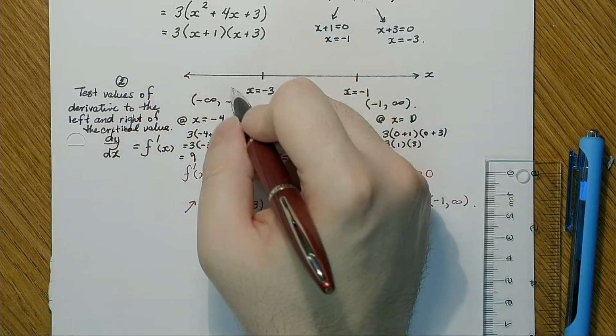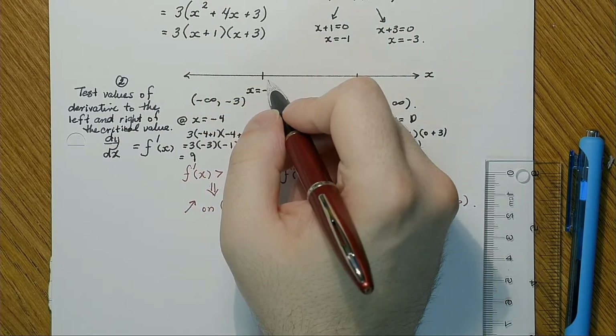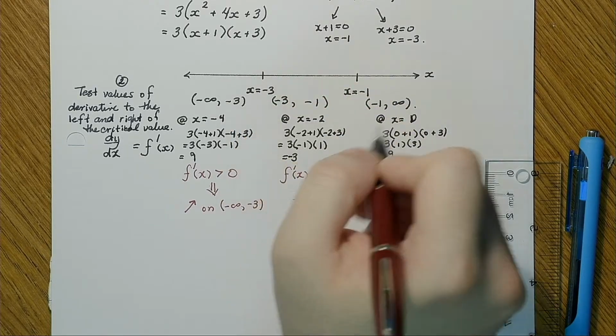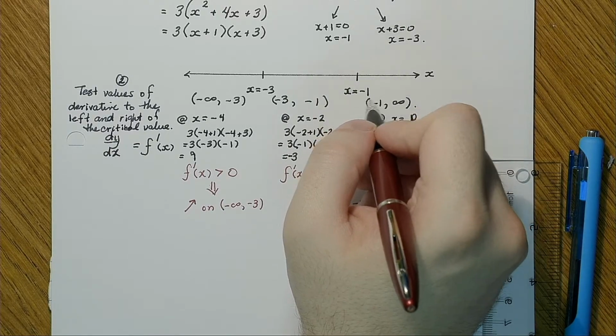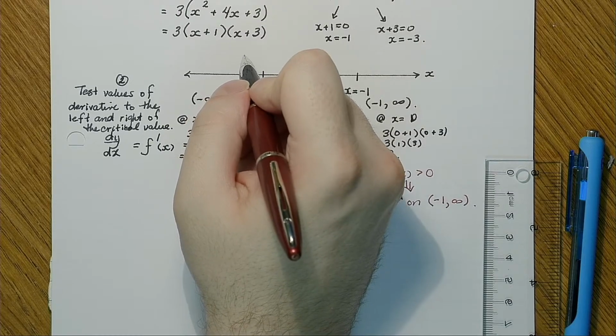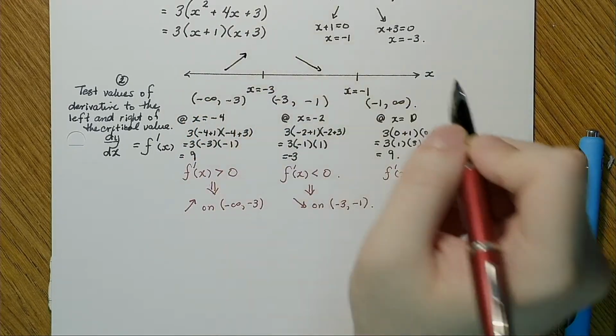And that's what we're doing. I've just tested a value on the left-hand side. I found out that it's positive. On the right-hand side of minus 3, I saw that it's negative. And on the right-hand side of minus 1, that is positive. So I actually have this function here is increasing, it's decreasing here, and it's increasing.